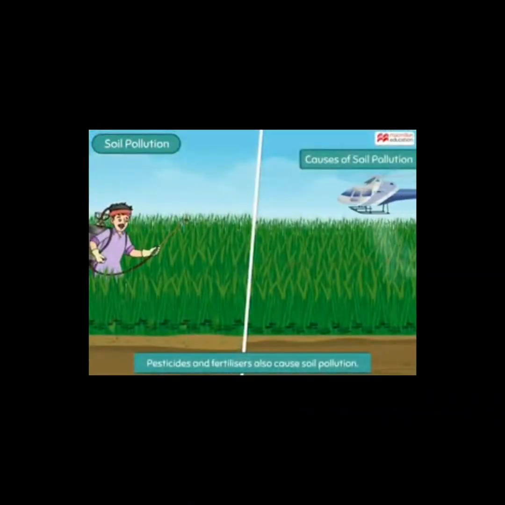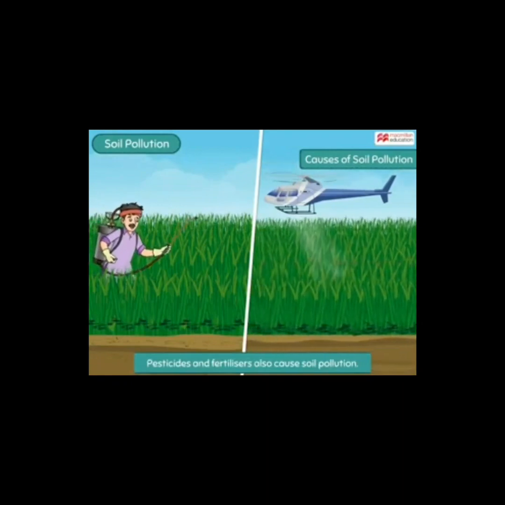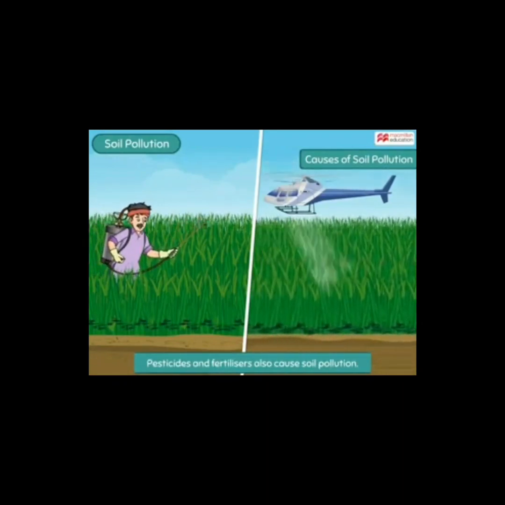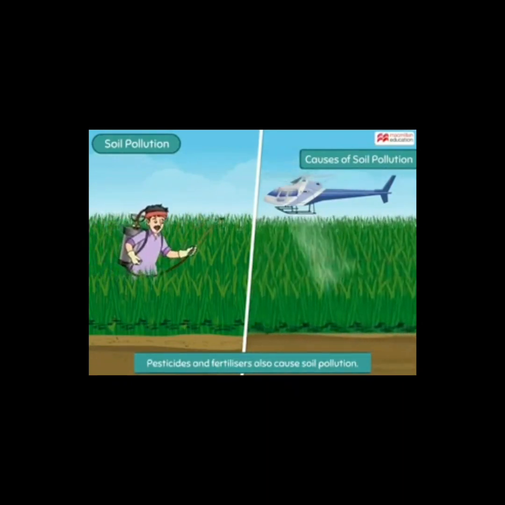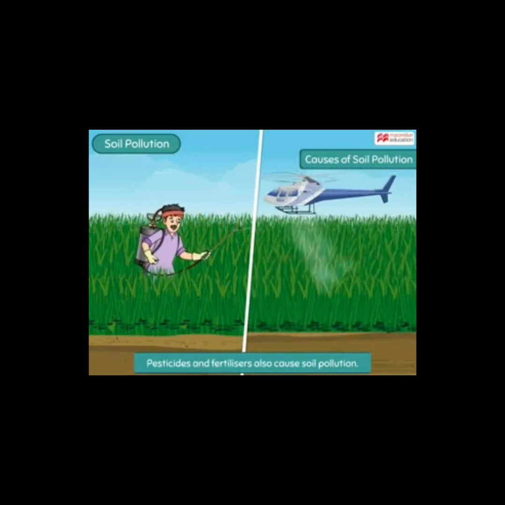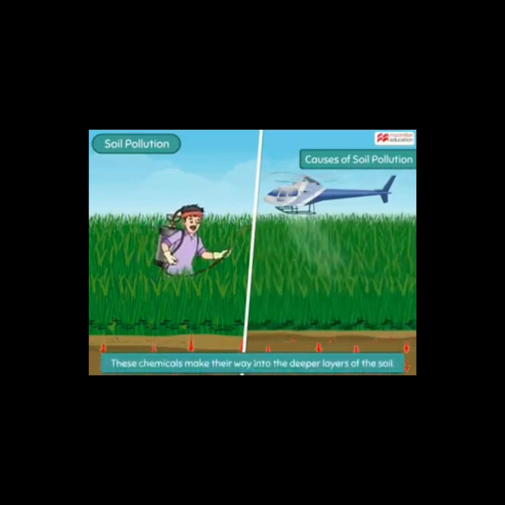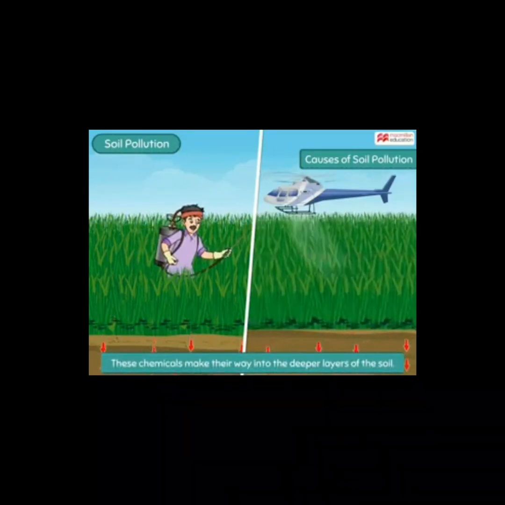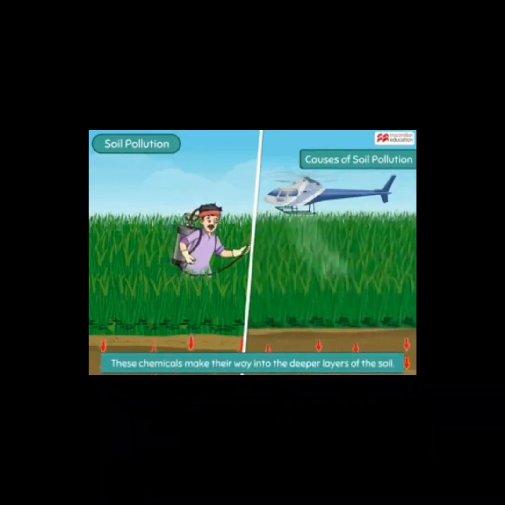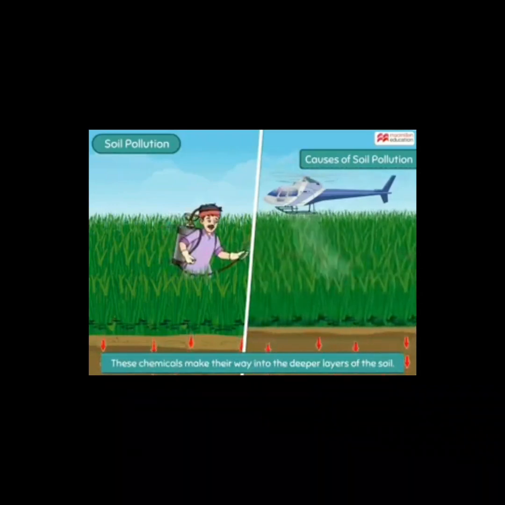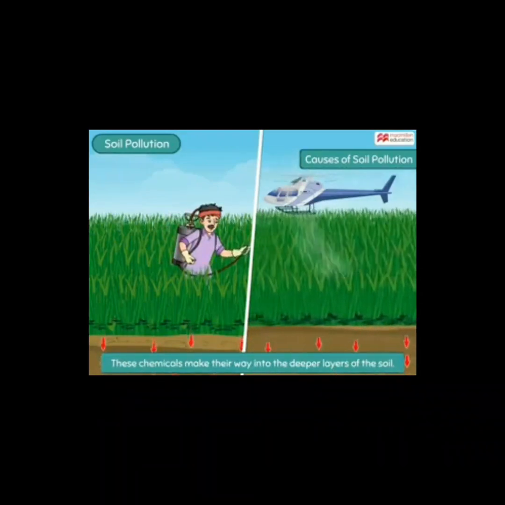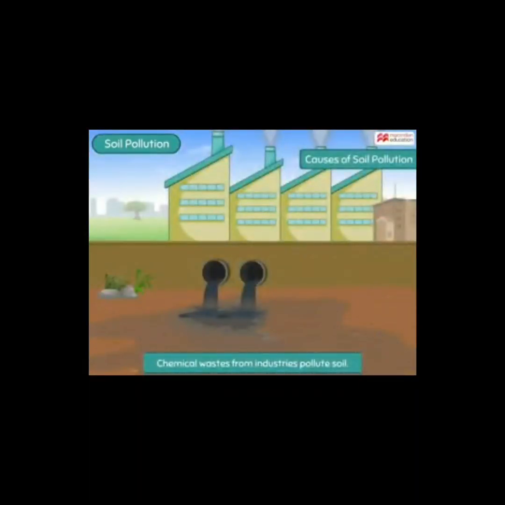Similarly, chemical substances like pesticides and fertilizers that are used in agriculture to increase crop yield also pollute the soil. Such chemicals make their way into the deeper layers of the soil and affect the soil quality. Chemical wastes from industries also mix with the soil and pollute it.